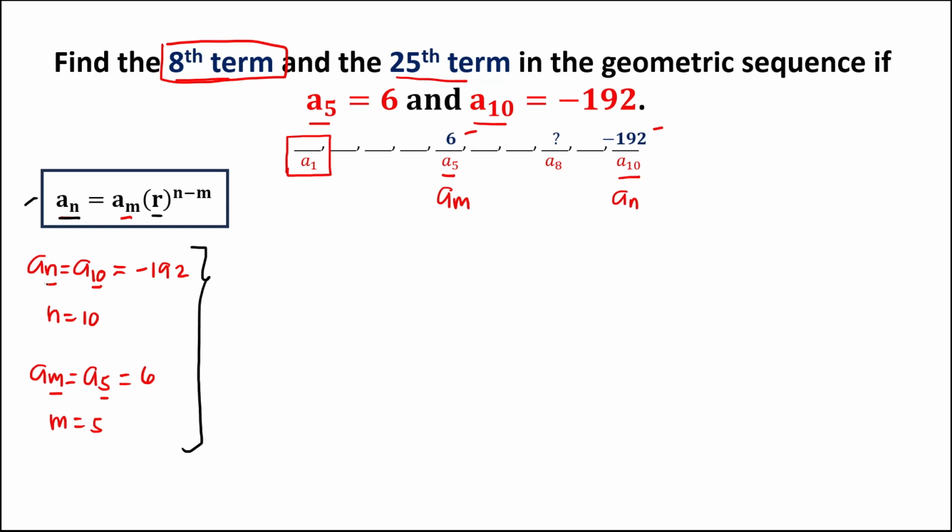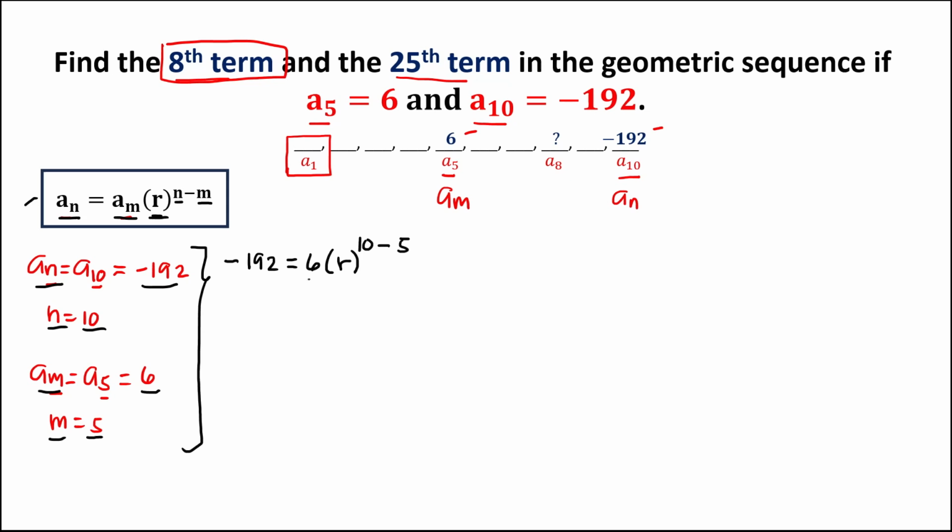So we have a sub n is equal to negative 192, equals a sub m, which is positive 6, times the common ratio to the power n, and n is equal to 10, minus m, and m is equal to 5.